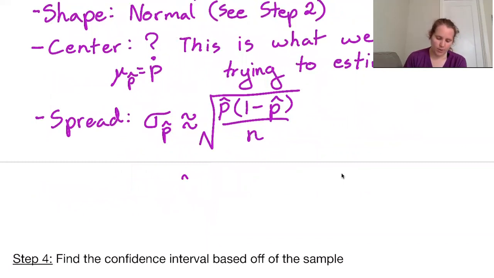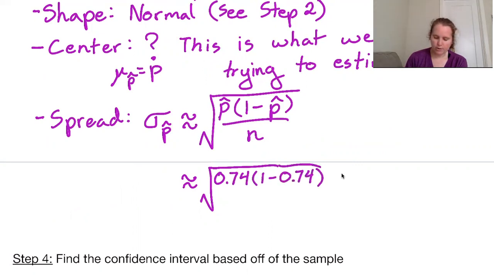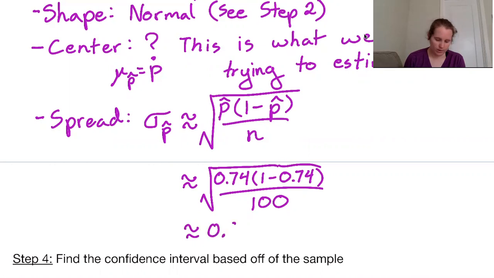So it's approximately the square root of 0.74 times 1 minus 0.74 divided by 100. If we do that calculation, we wind up getting approximately 0.044 for our standard deviation or standard error.